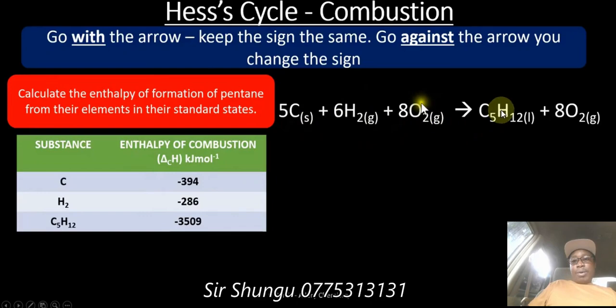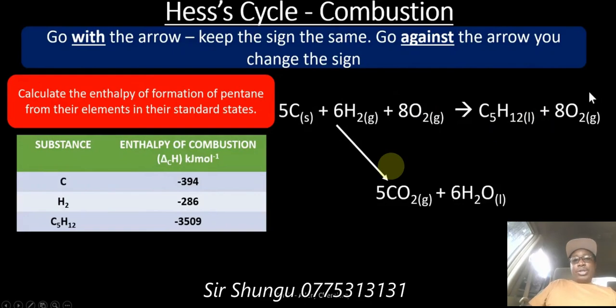Here we are forming our pentane plus oxygen here. Okay, so that's the reaction. So this side, what burns to produce carbon dioxide and water? Our carbon and hydrogen can burn to produce carbon dioxide and water. That side, our pentane can also burn to produce carbon dioxide and water. Oxygen does not burn.